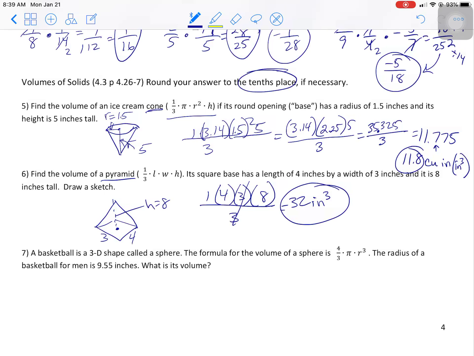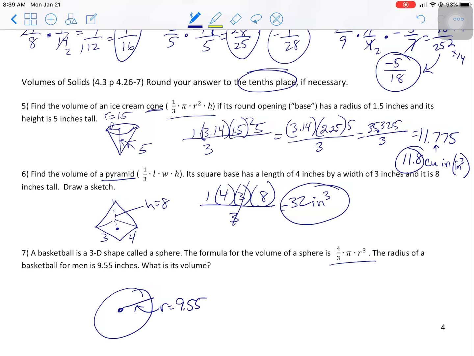All right, and then basketball 3D shape is called a sphere. The volume of the sphere is this here. The radius of the basketball, the radius is 9.55 inches.